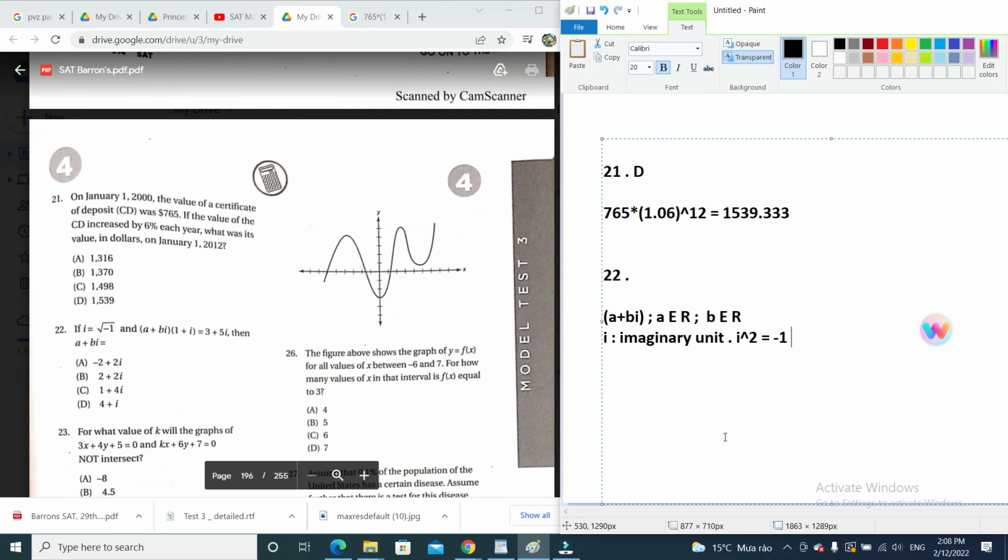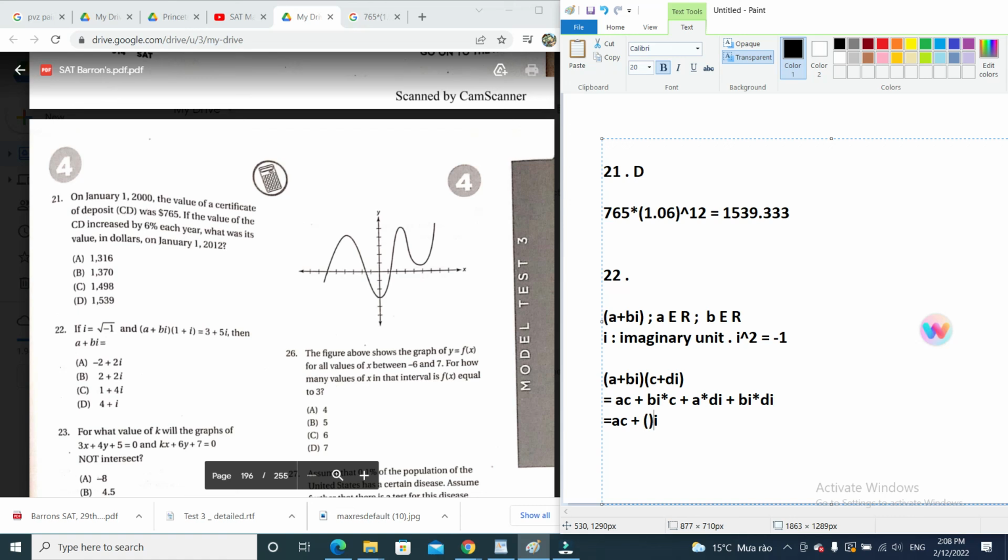Understand? Okay. So to multiply two complex numbers, a plus bi times c plus di, we just multiply as we are multiplying normal real numbers. So it's just a times c plus bi times c plus a times di and plus bi times di. Right. So that's ac here. Okay, so we have the common factor of i.